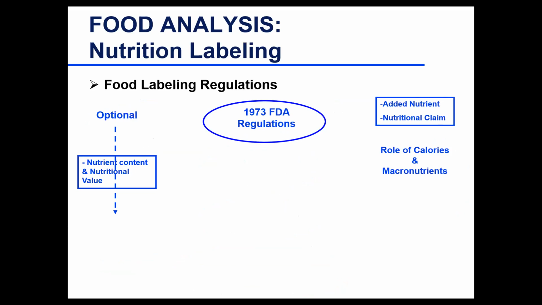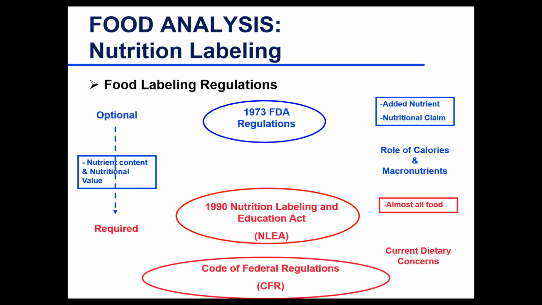And back then, the role of calories and macronutrients was important. So you would see the calories, protein, fat, carbohydrates. The macronutrients were of importance. But moving into later years, we paid a little bit more attention also to micronutrients, minerals, vitamins, and subcomponents of fat, for example, saturated fat versus total fat, and cholesterol.